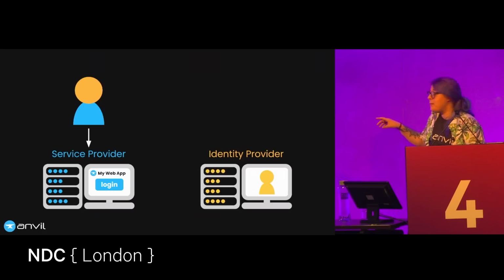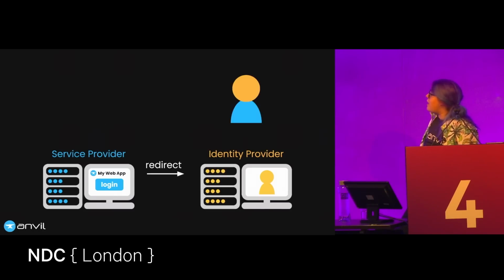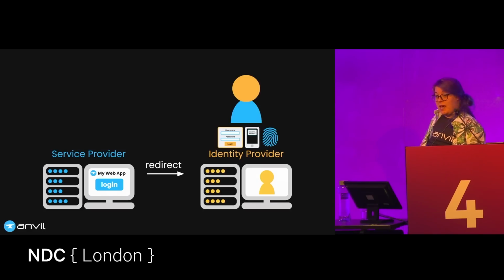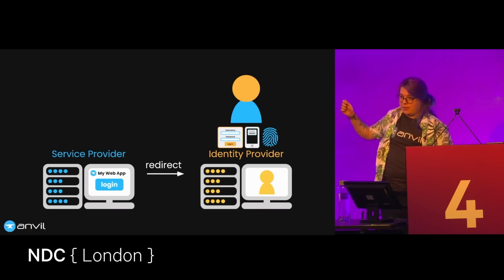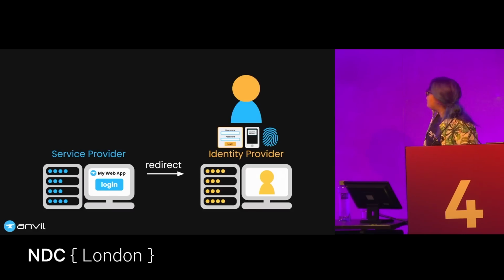How it works mechanistically is as follows. You go to your service provider and you say, I'd like to log in. And your service provider redirects you to the identity provider. And at this point, you authenticate with whatever method you have set up. You could be using all 6 different layers of multi-factor authentication if you really wanted to. And you are authenticated there. The identity provider knows who you are and has done its job.